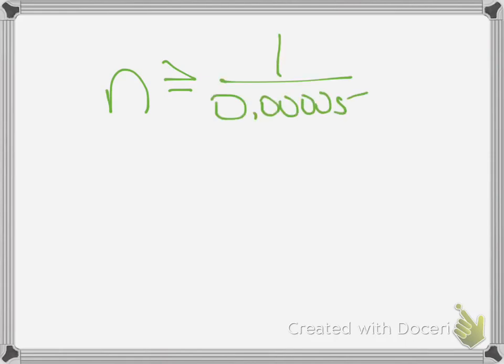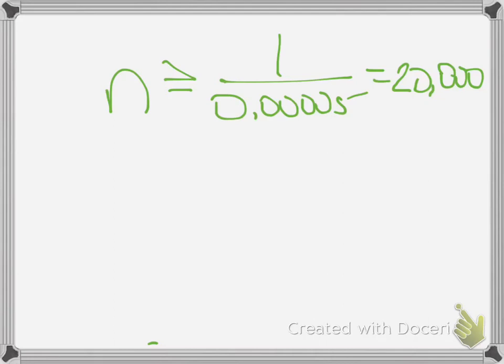If I take reciprocals, I get n greater than or equal to 1 over 0.00005, and this is actually 20,000.